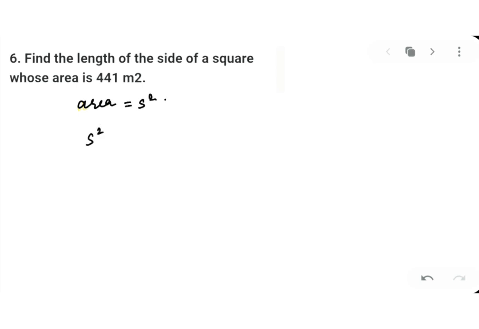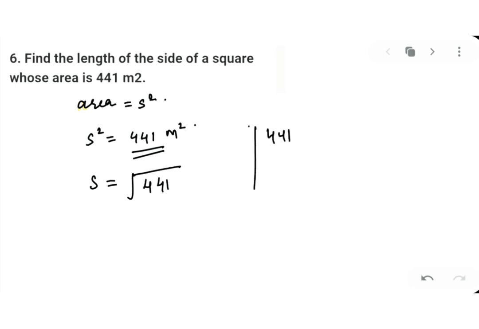So side square is equal to 441. The area measurement is given to you. Now my dear kids, how will we get the side? For finding the side, we have to find the root of 441. Am I correct with this? Okay. So now for finding the root of 441, let's go by the division method.